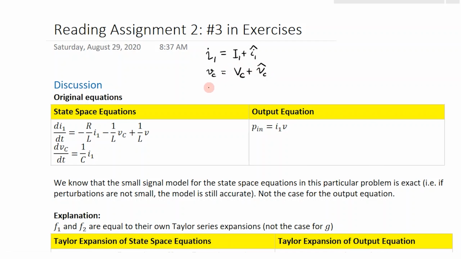And then we had V, which is the input, written as its DC point plus perturbation. And we also had output, which was again written as the DC plus perturbation. So this is smaller case, this is capital.